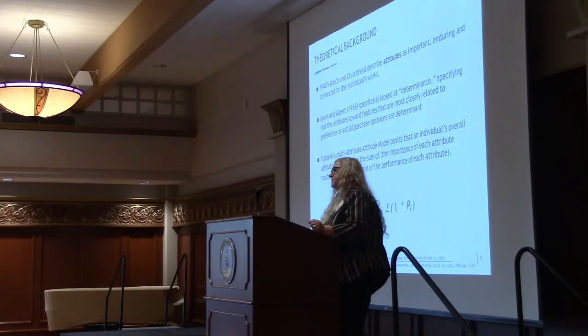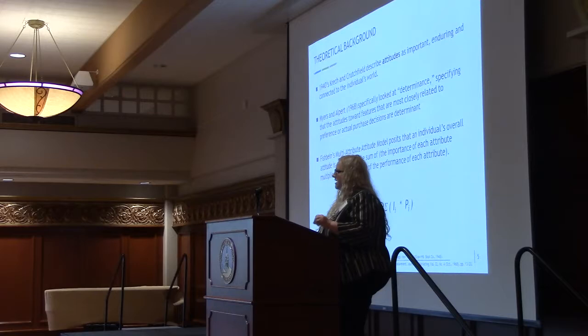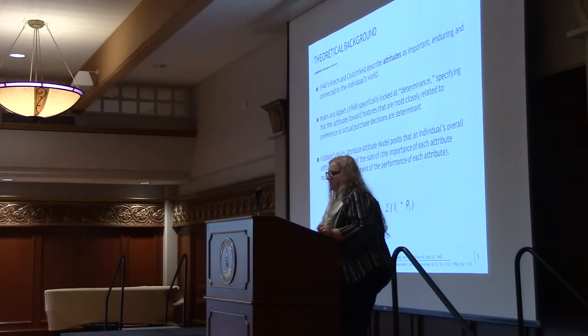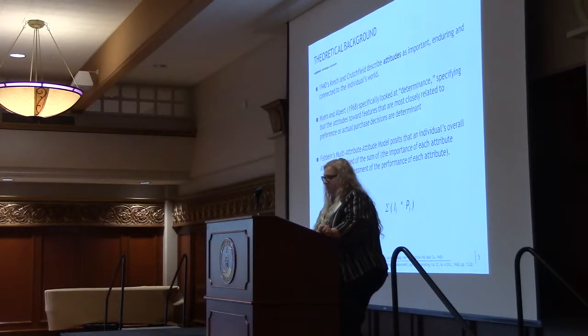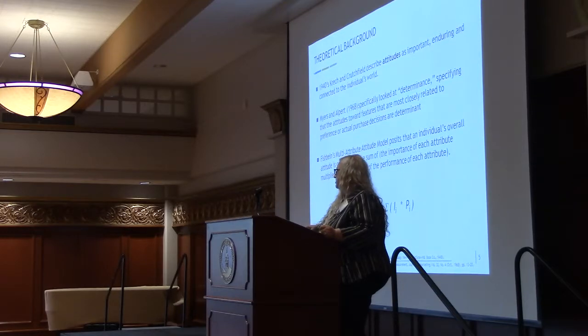So how do we go about assessing attitudes and importance? Because these questions are so vital to the current manager, we rely on a couple of main theories. Going back to the 1940s, and I may butcher these names, Krech and Crutchfield talked about attitudes inside a customer's mind as an enduring construct that could be linked to judgments on the outside world.